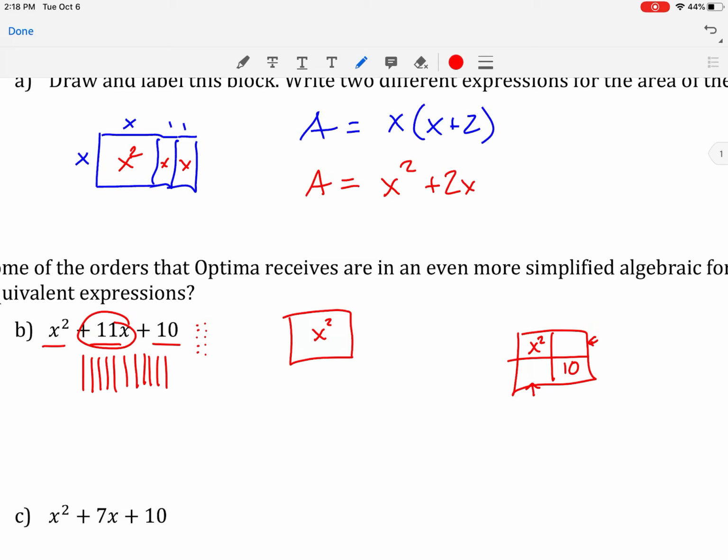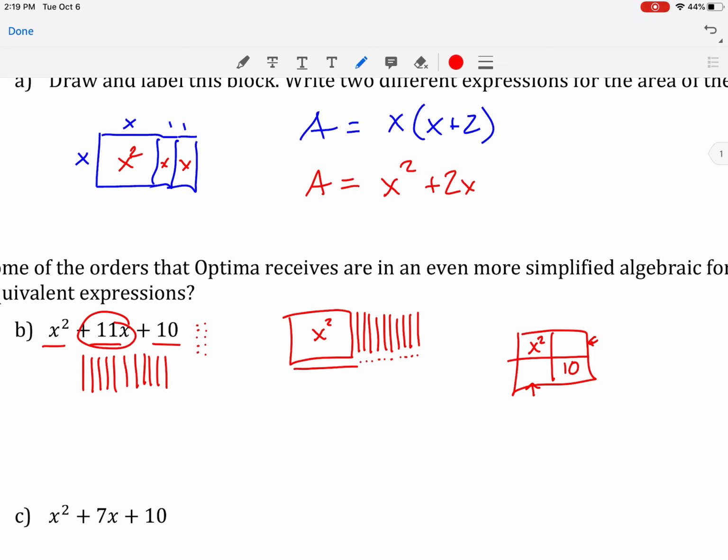So visually you can line them up and rearrange them as many times as you want. So what would end up happening is I would put 1, 2, 3, 4, 5, 6, 7, 8, 9, 10 of my x's on one side and one of the x's over here, because then I would need 1, 2, 3, 4, 5, 6, 7, 8, 9, 10 blocks to make up that perfect rectangle.